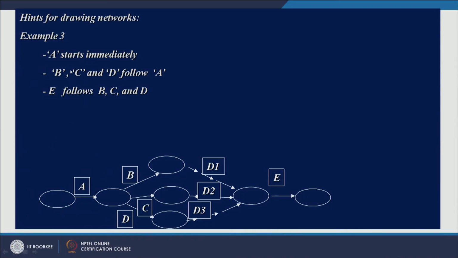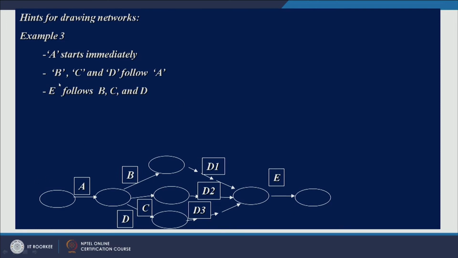So, A starts immediately, and B, C, D follow A. In fact, if you wish, you can enter your node numbers also. I will tell you how to number these nodes.